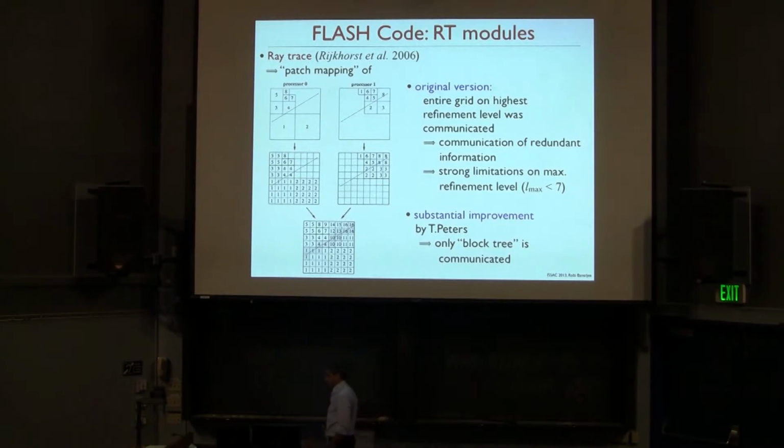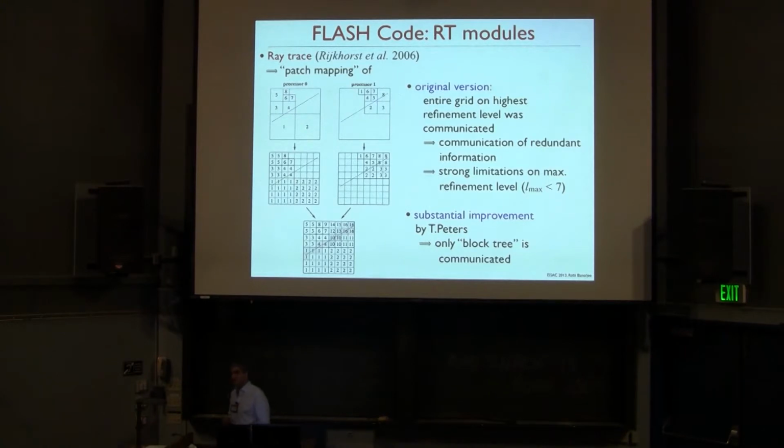Initially, this version limited the simulation quite dramatically, in the sense that you could only run a low resolution simulation, using refinement levels of the order of 7 or so. Thomas Peters improved this substantially, because all this redundant information you can easily recalculate locally by knowing all the properties of your block.